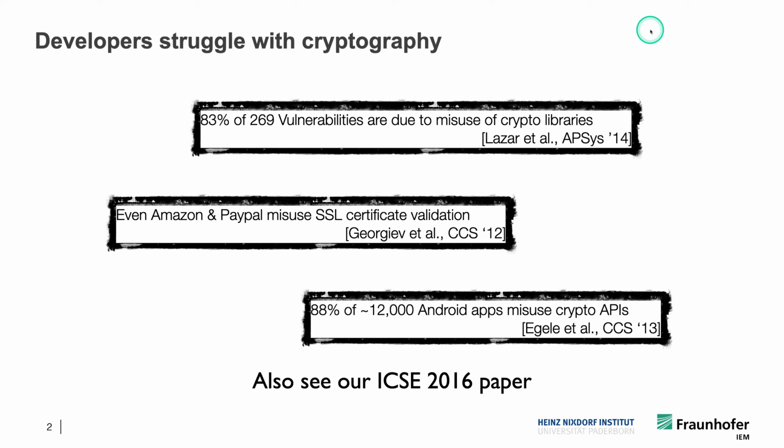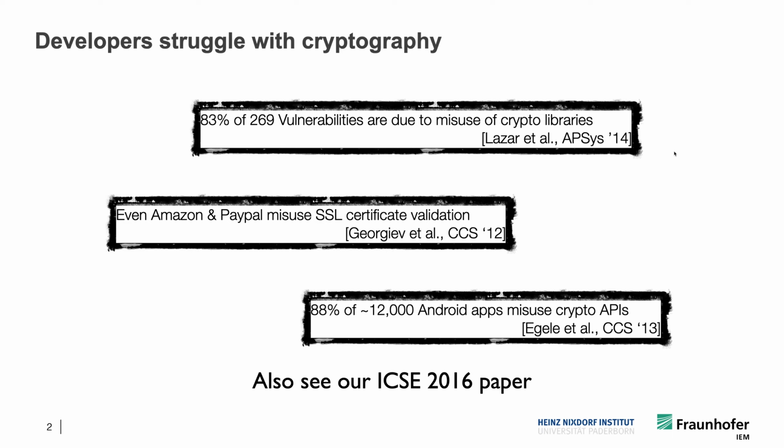So the problem that we worked on, we identified actually already some 7-8 years ago, which is that developers really struggle with cryptography. And you can see from these publications that came out back then that this is really a big problem.